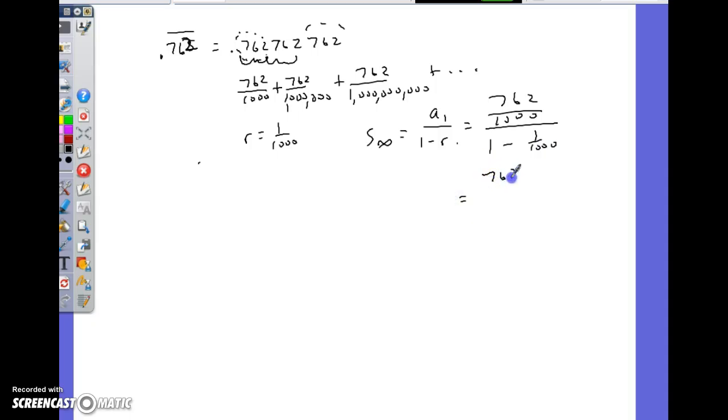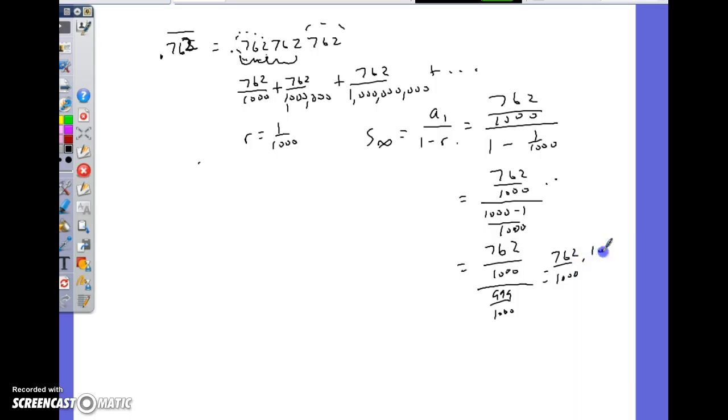So I got 762 over 1,000 over 1,000 minus 1 over 1,000, and that's going to give me 762 over 1,000 over 999 over 1,000, which equals 762 over 1,000 times 1,000 over 999, flip and multiply, and I get 762 over 999, which, by the way, can be simplified, I think.